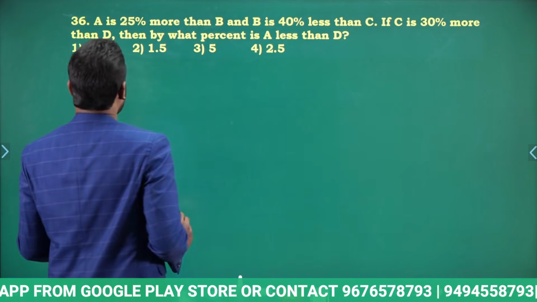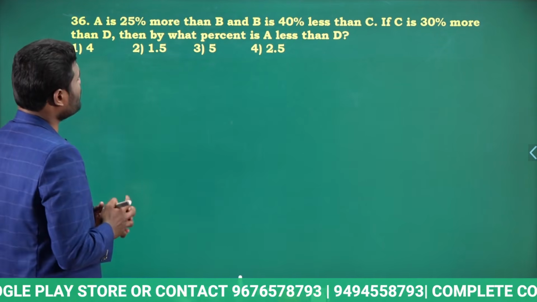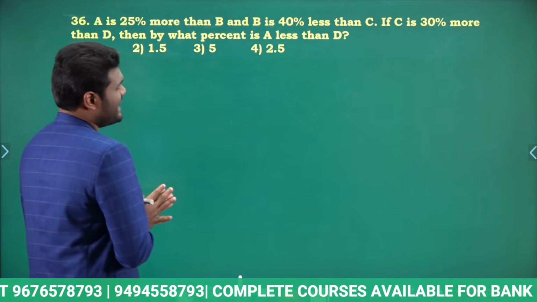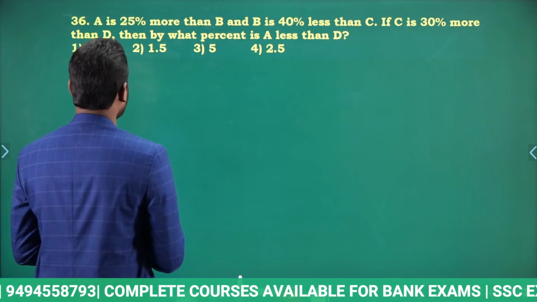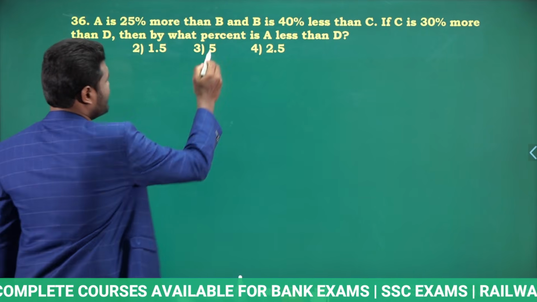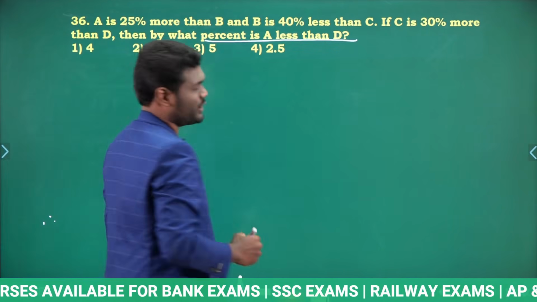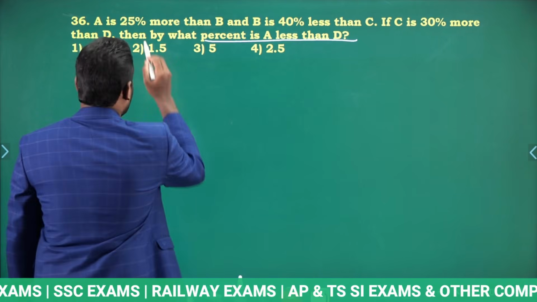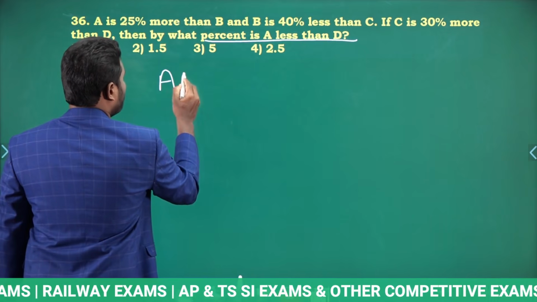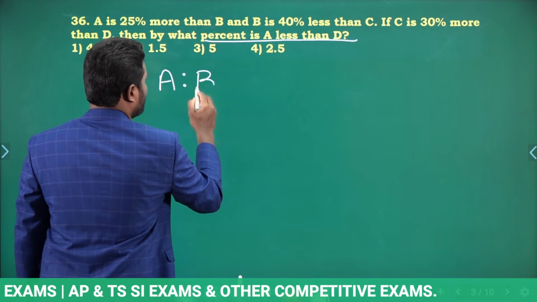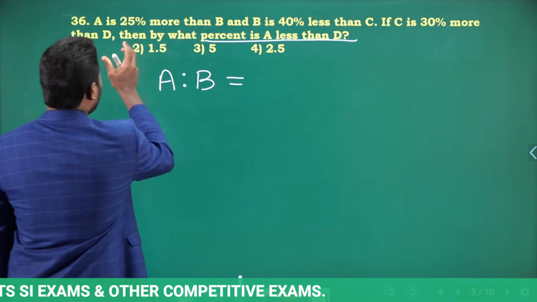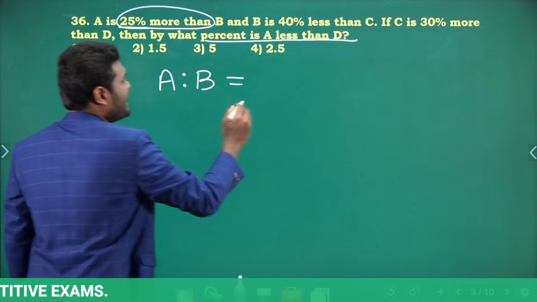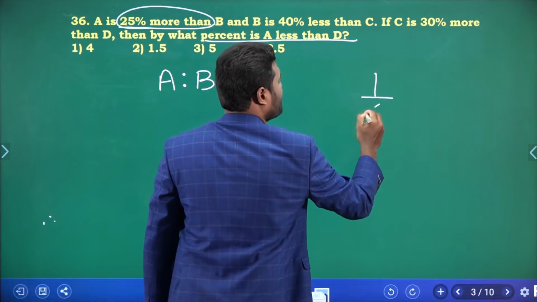Next question is: A is 25% more than B and B is 40% less than C. If C is 30% more than D, then by what percent is A less than D? Which means we need a comparison between A and D. Let us compare. First, the comparison between A and B. The question says A is 25% more than B. 25% is nothing but 1 by 4.